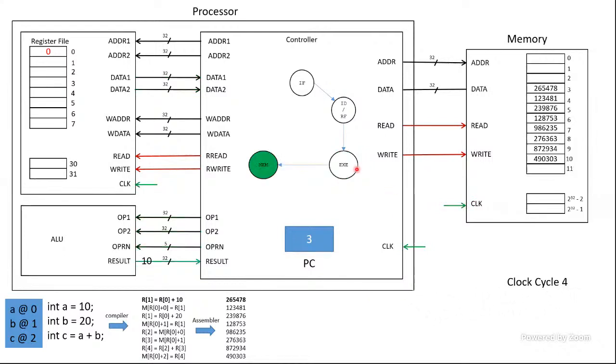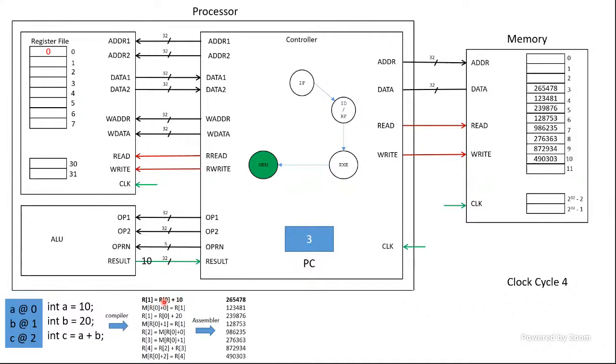Now next cycle, the controller goes into the mem state. The ALU returns the result of that addition, which is 10. This state is involved only with memory access of the data part. Now the question becomes, is this instruction involved in data memory access in any way? No, it's basically a register-bound operation.